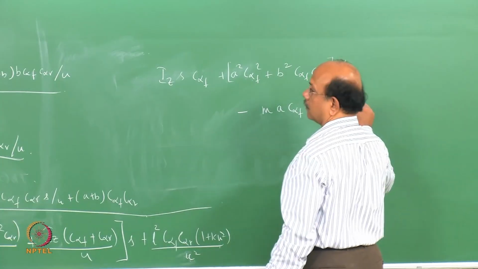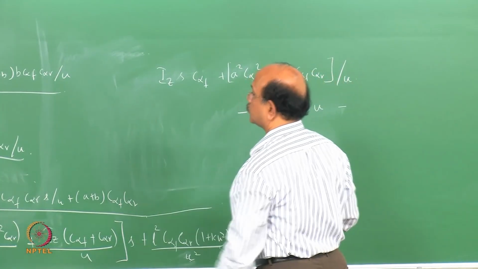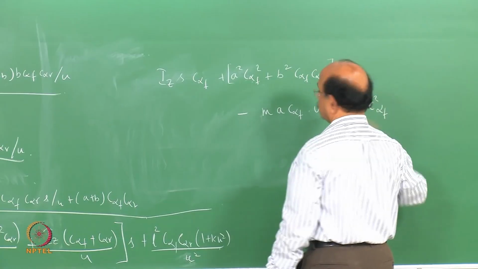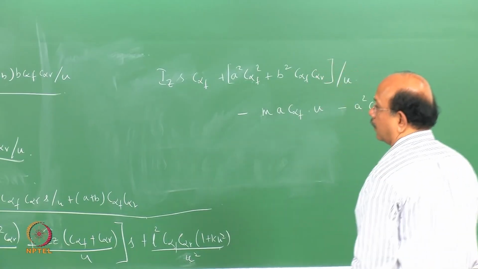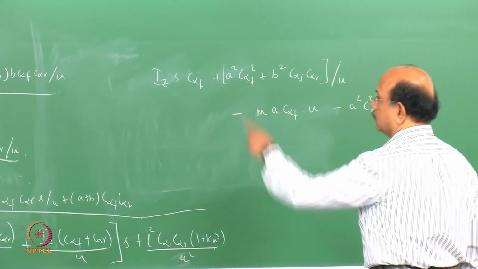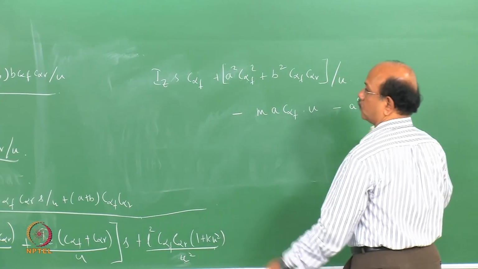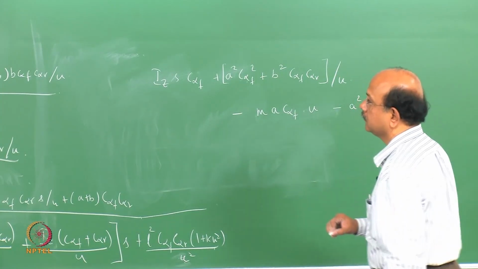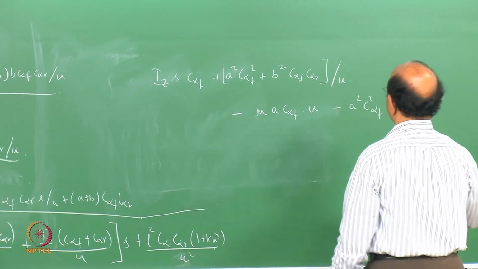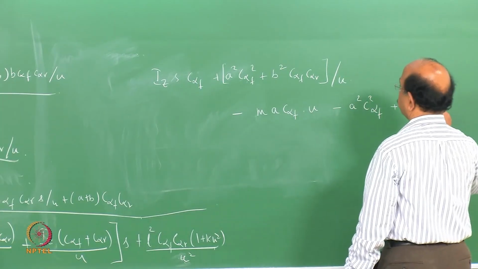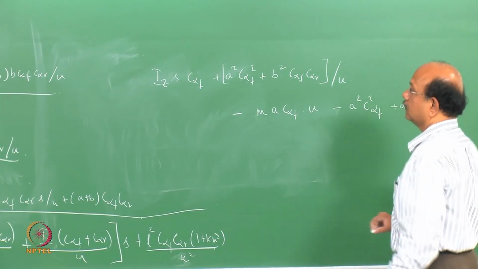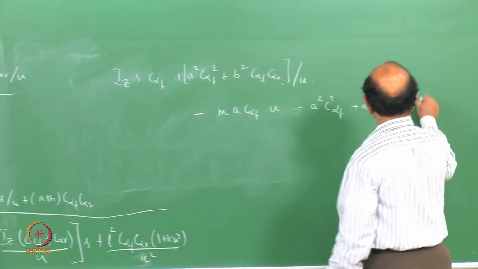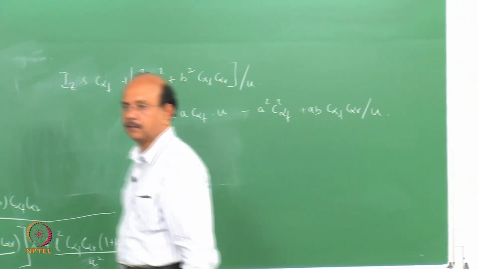Minus A squared C squared alpha f, so plus AB C alpha f C alpha r divided by U. Is that correct?